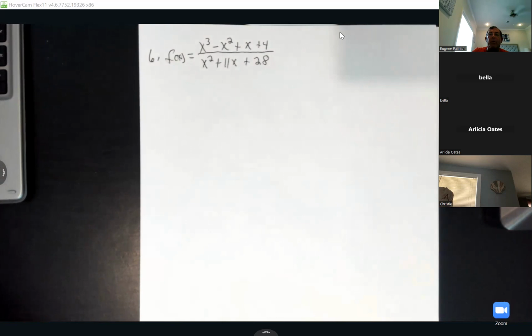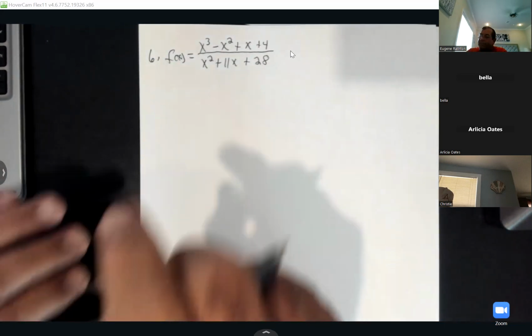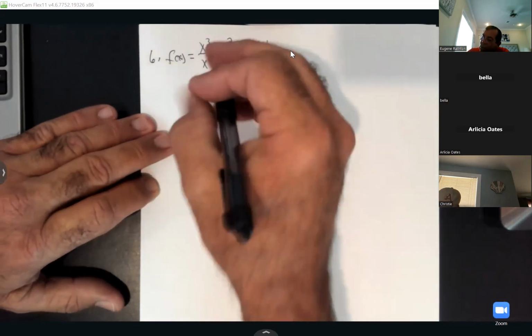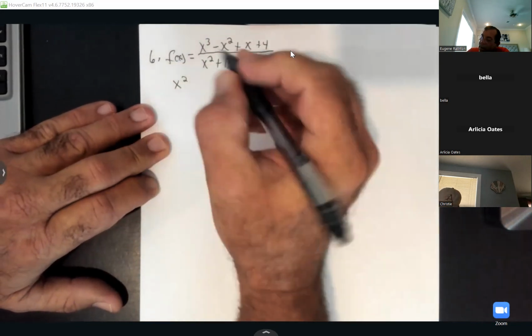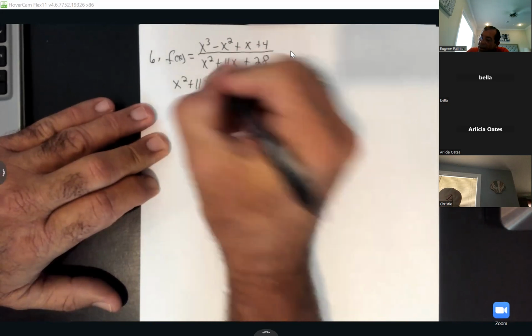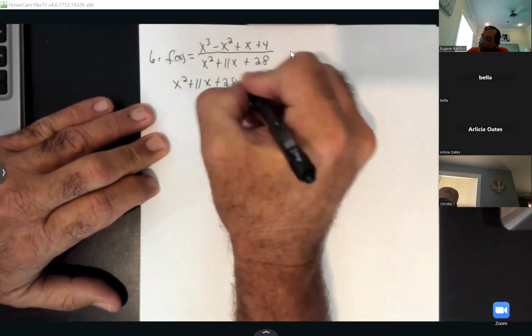All right, so I do have an x squared term this time. So once again, take the bottom, set it equal to 0.